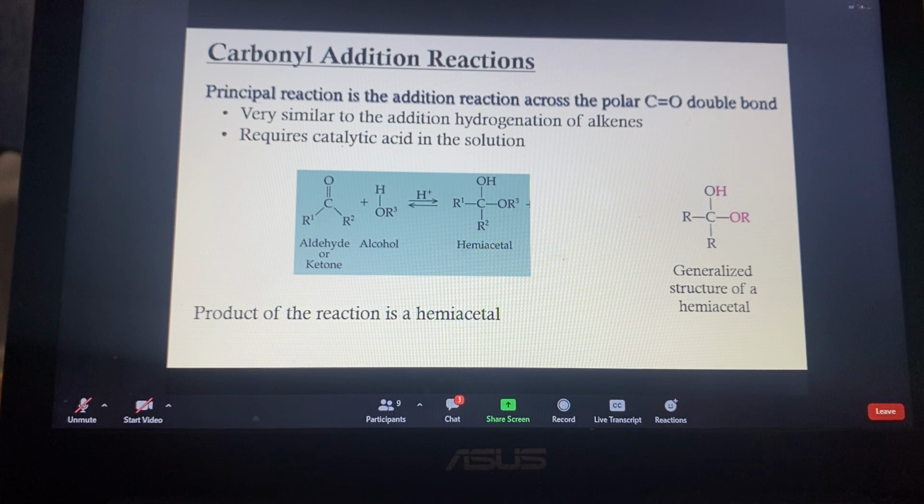So this alcohol is going to be composed of two different parts. We've got an H and then the rest of the molecule. So we've got R3, R2, what does that mean? That's a great question. The question was, what is the R1, R2, R3 thing? If we look at this, we've got an aldehyde or a ketone.